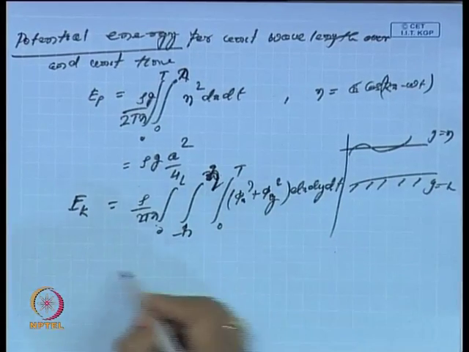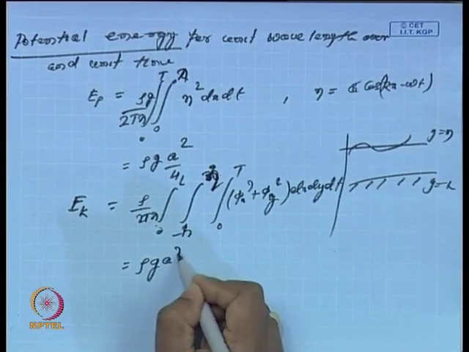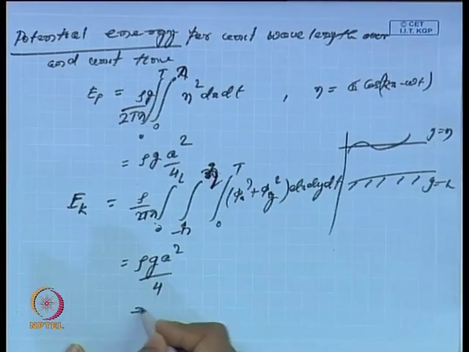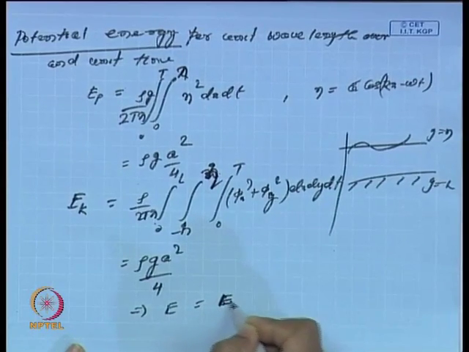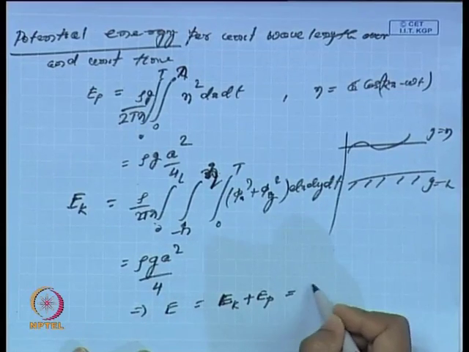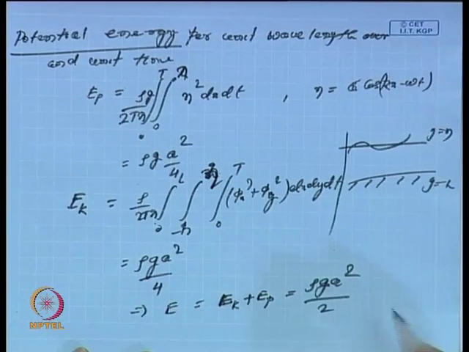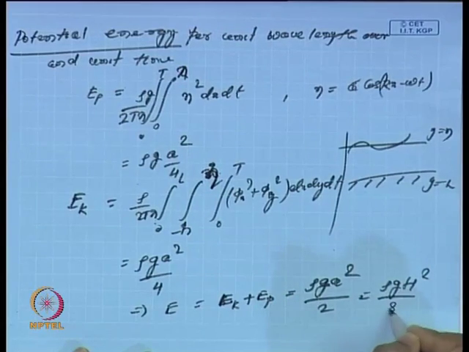If you calculate this, you will also get rho g A square by 4 again. That will give me the total energy density E as E k plus E p, that is rho g A square by 2, and A is H by 2. So, I can call it rho g H square by 8.